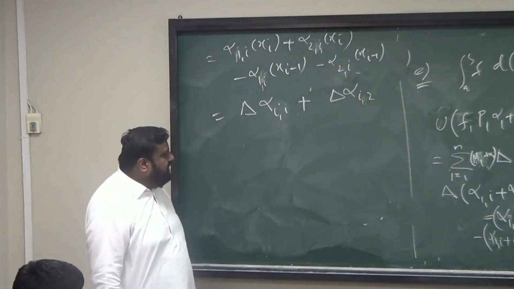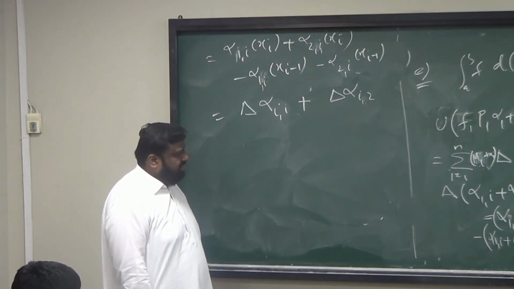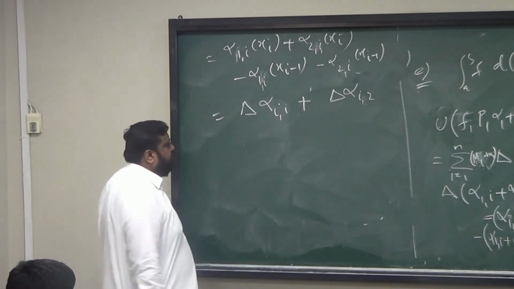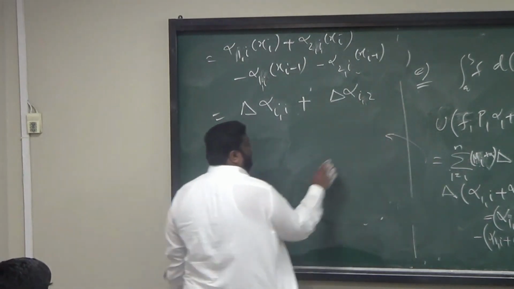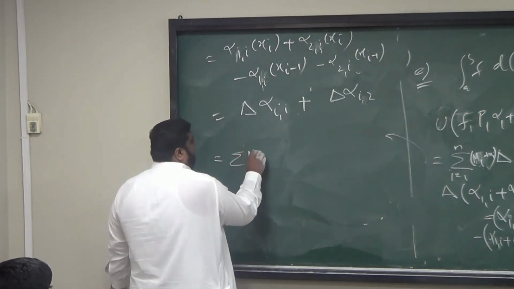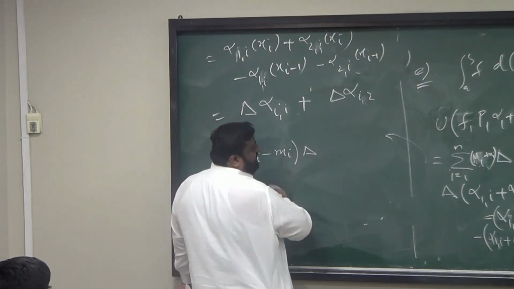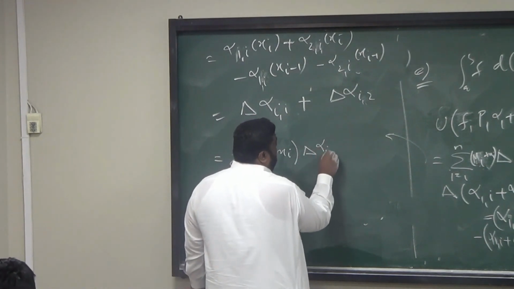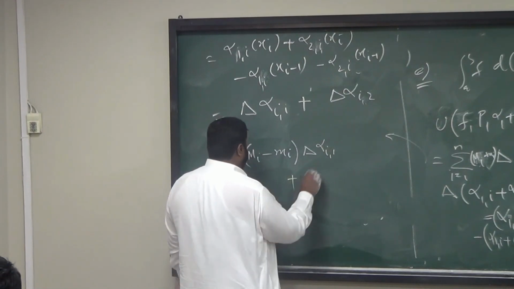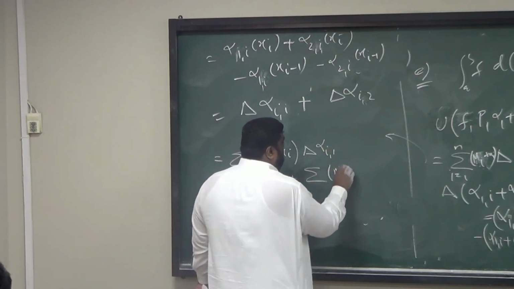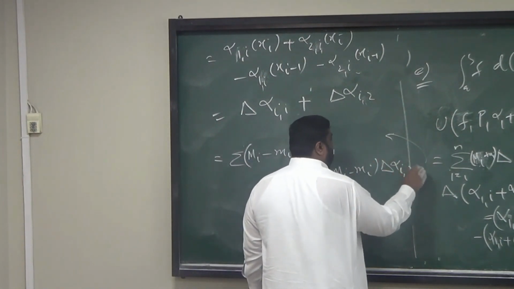So if this is the case, what's going to happen? This sum is going to be simplified to the sum of (M_i minus m_i) times delta alpha 1_i, plus the sum of (M_i minus m_i) times delta alpha 2_i.